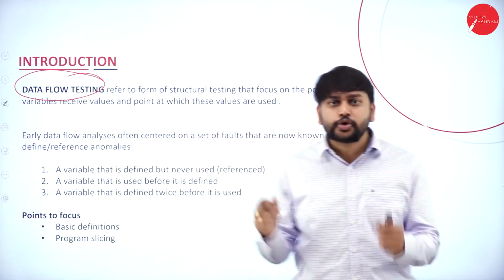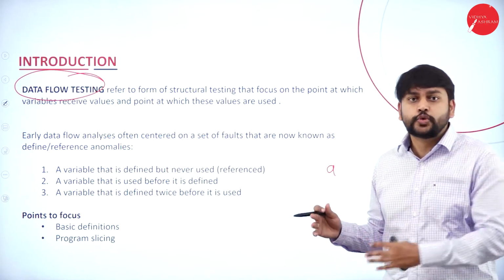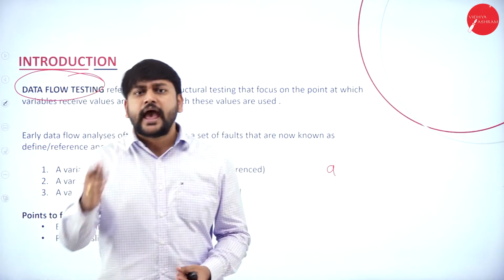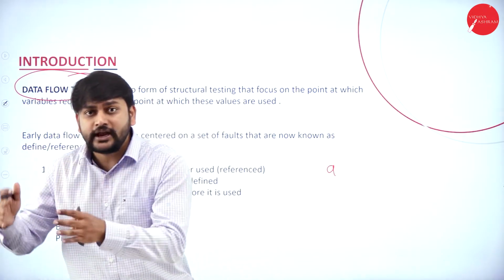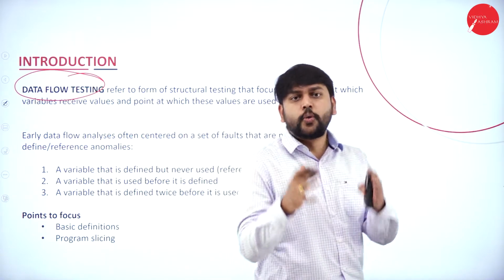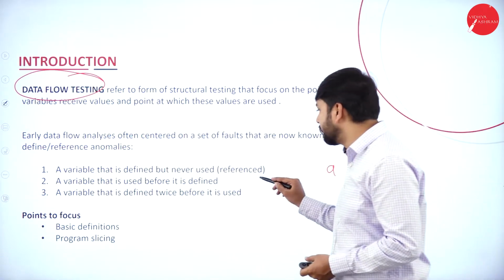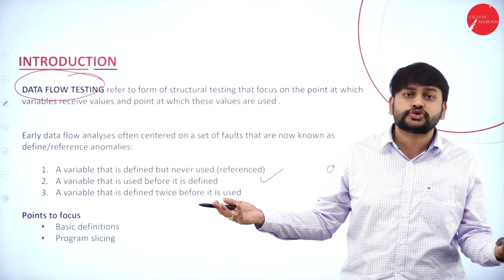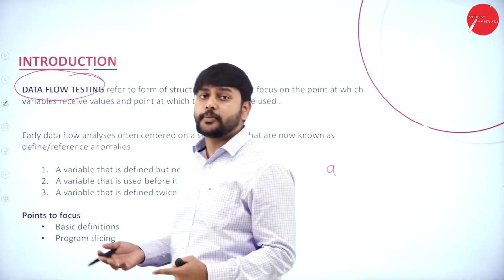Fine. So when I'm doing this, I will come across three anomalies. What exactly is an anomaly, sir? Anomalies in the sense, I will be getting some problems. So please check out the first one: the variable that is defined, but never used. That is problem number one.